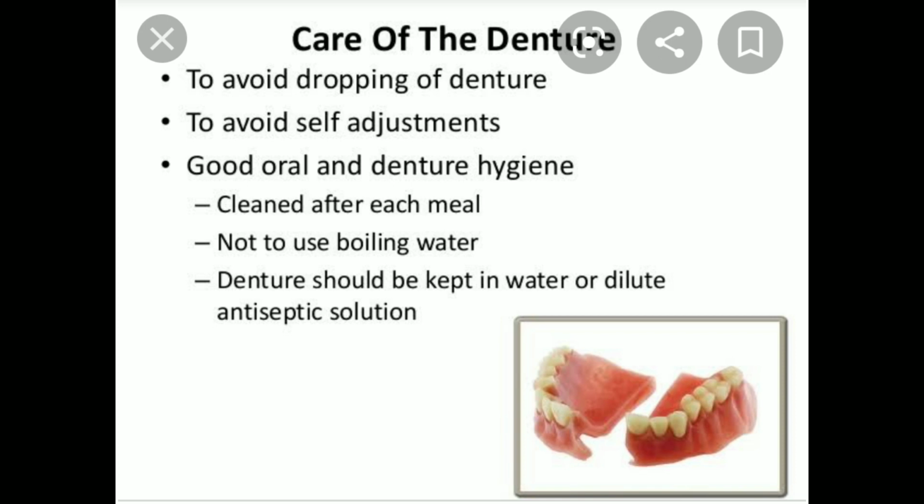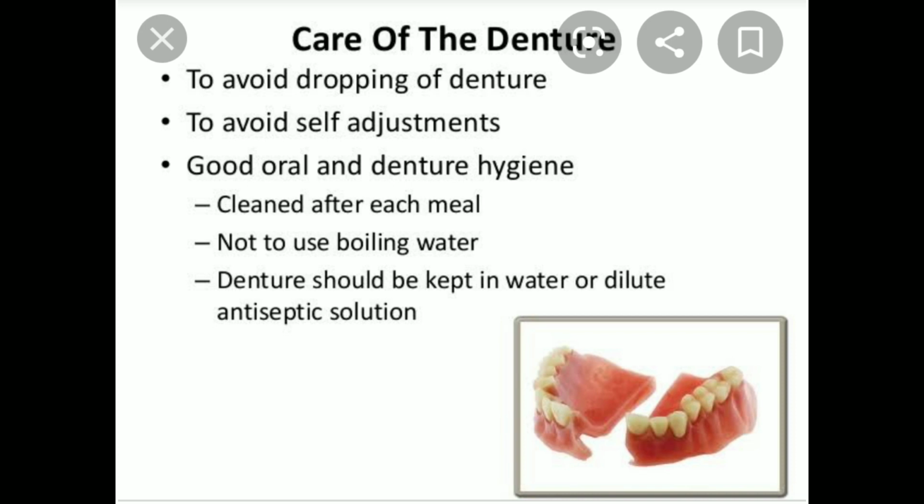Then what care should be taken for the dentures? You should avoid dropping the denture. Always ask the patients to keep a vessel, then sit and clean properly, right? They should not do self adjustments, right?